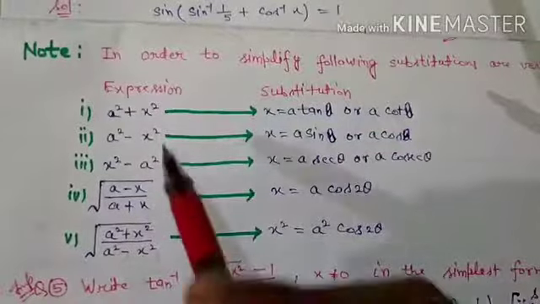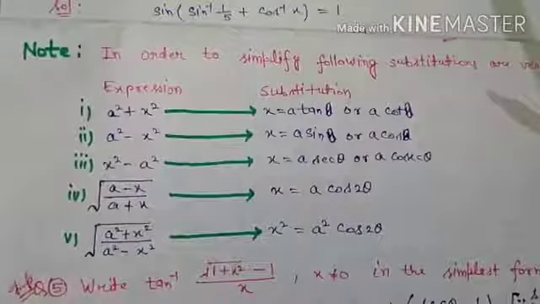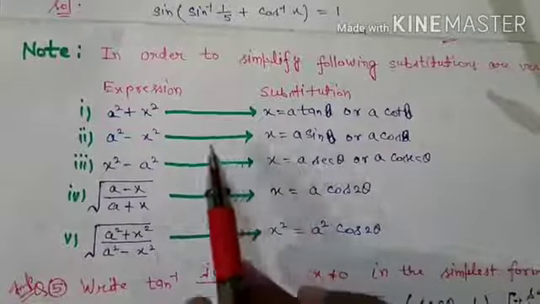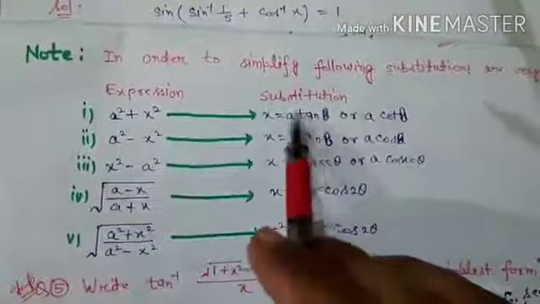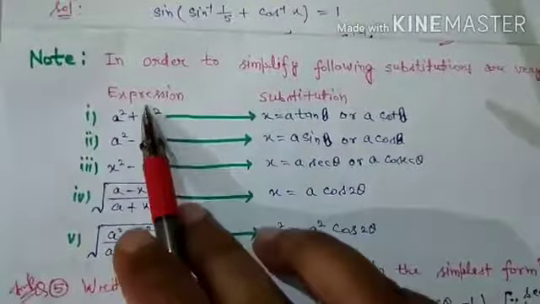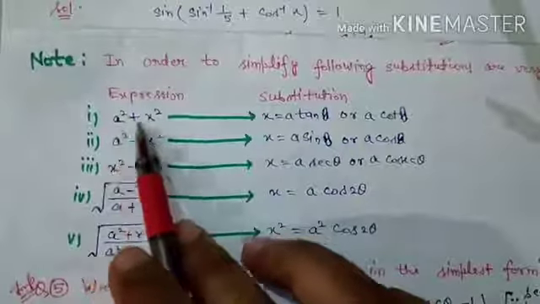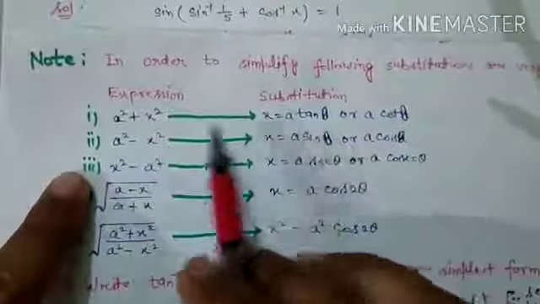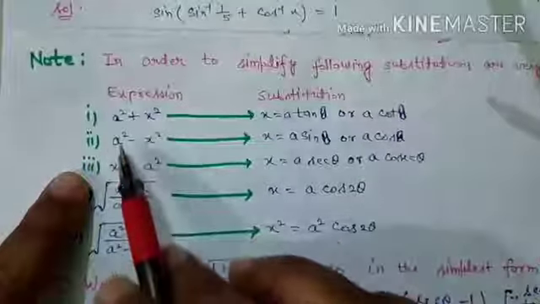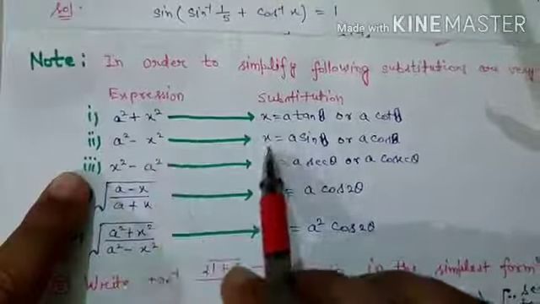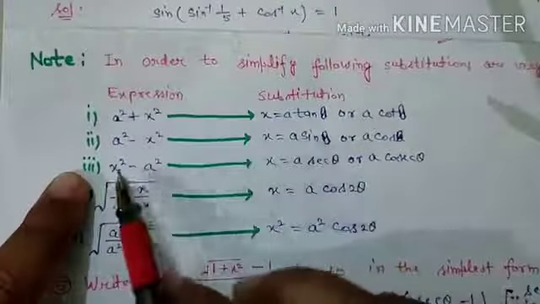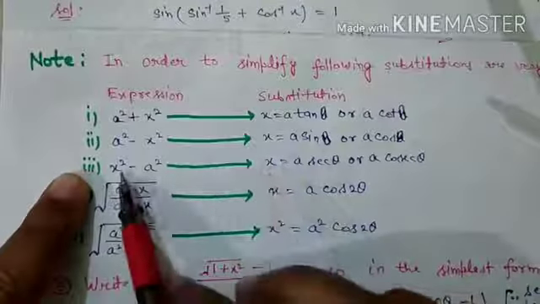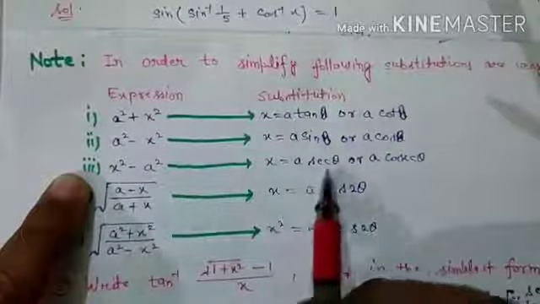Now we are discussing a very important concept. In order to simplify the following expressions, some substitutions are very important. In the expression a square plus x square, if we substitute x by a tan theta, we can solve it easily. Similarly, a square minus x square, x equal to a sine theta. x square minus a square, we can substitute x by a sec theta.